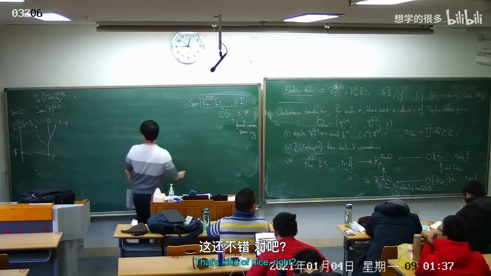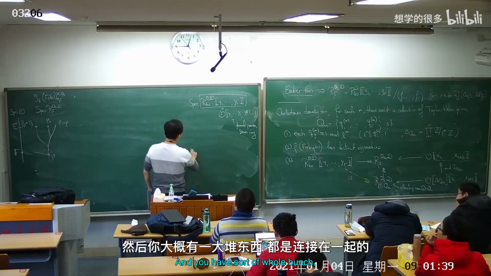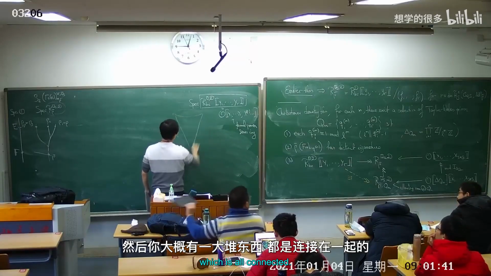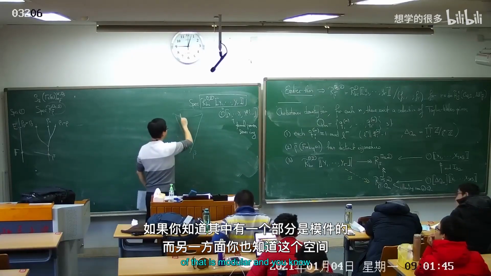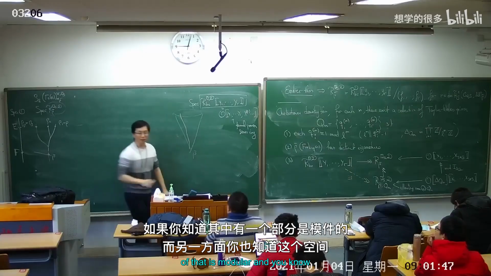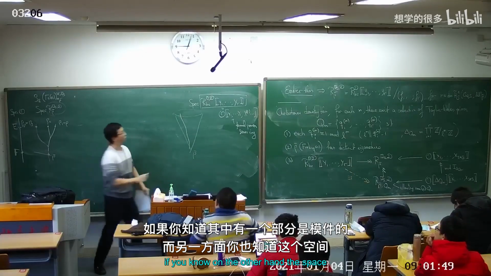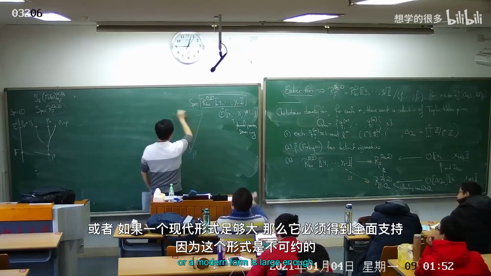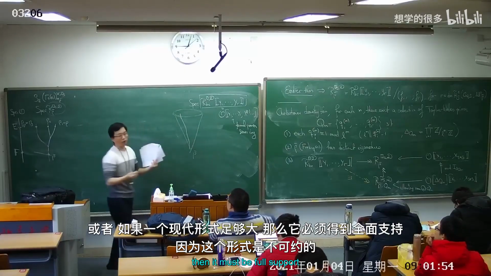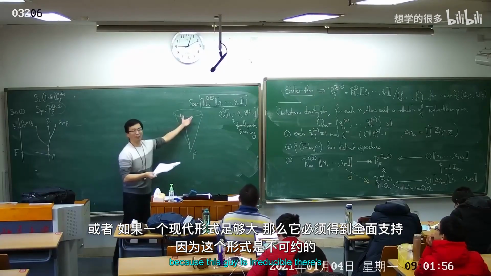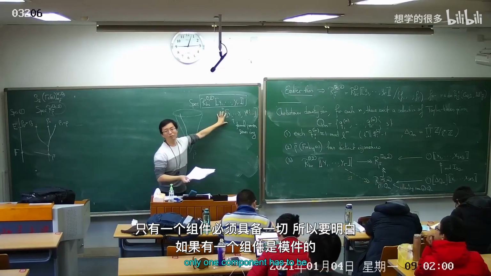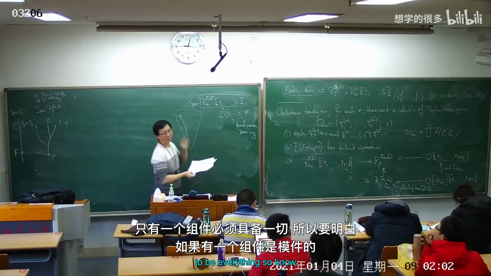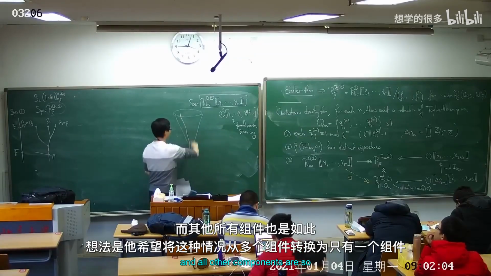That's kind of nice, right? You have the rho bar here, and a whole bunch of things, which is all connected. If you know that one piece inside of that is modular, and on the other hand the space of modular forms is large enough, then it must be full support, because this ring is irreducible. There's only one component here. It has to be everything. So if one component is modular, then all other components are modular.